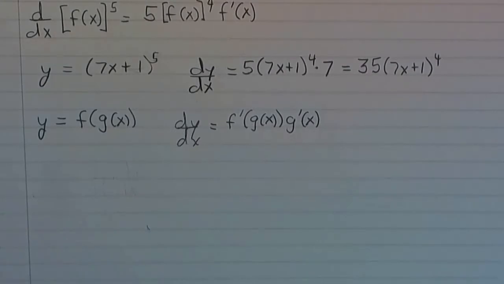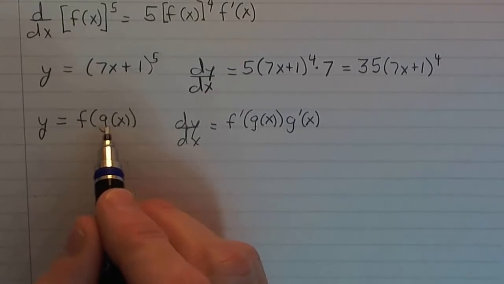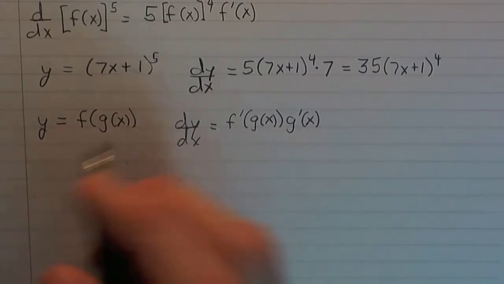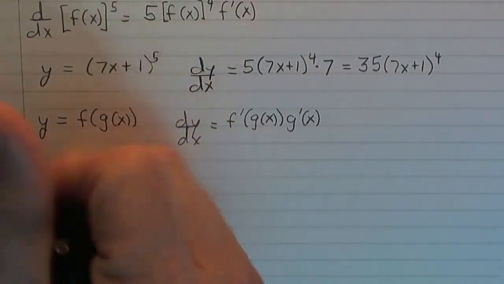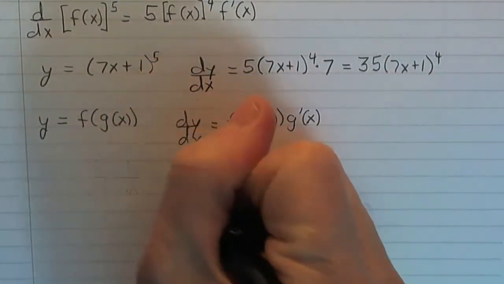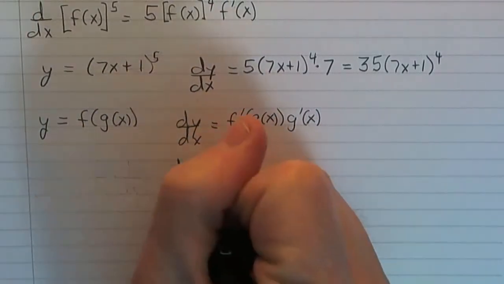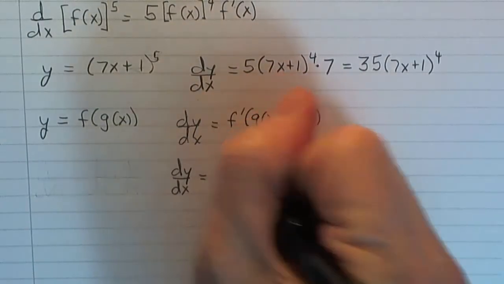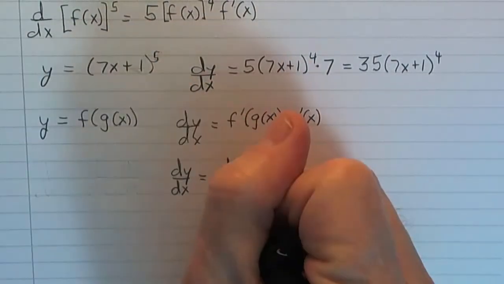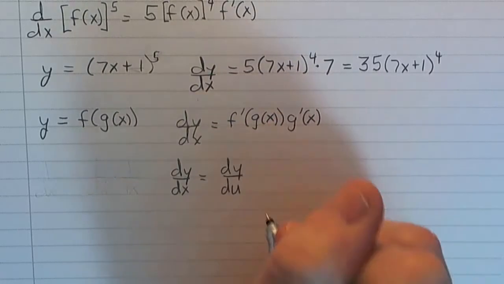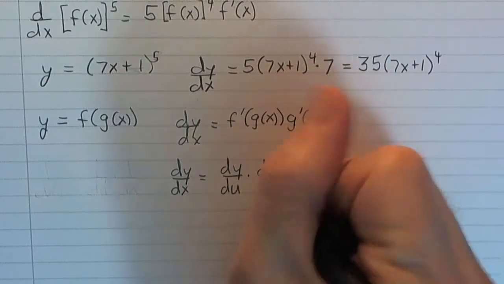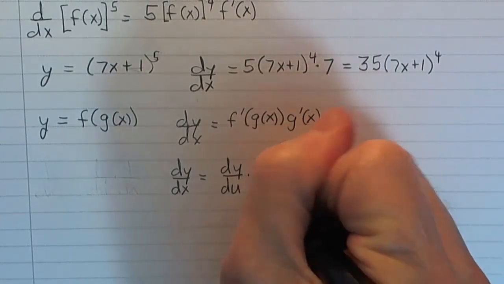Now sometimes you'll see this chain rule expressed using Leibniz notation, where instead of g of x, they'll have a u in there. So they'll express the derivative this way: dy dx is equal to the derivative of y with respect to the inside, times the derivative of the inside with respect to x.